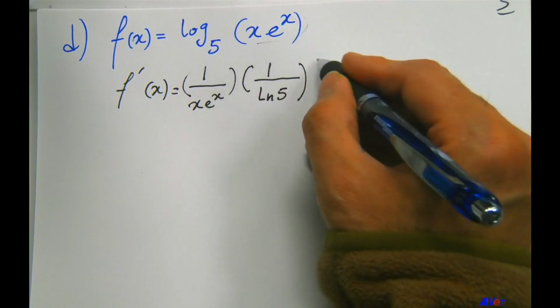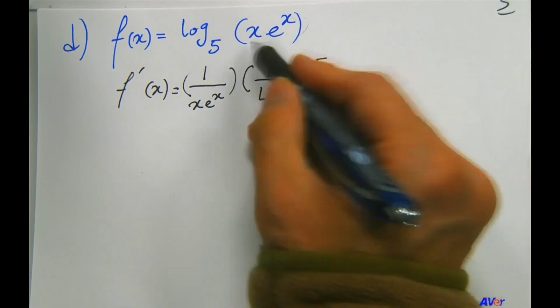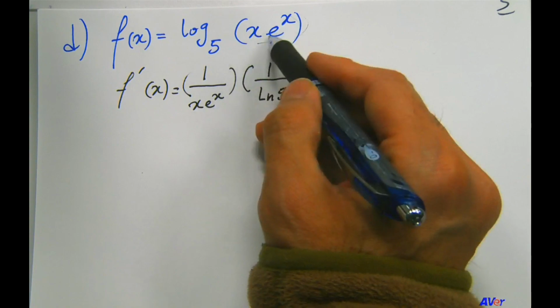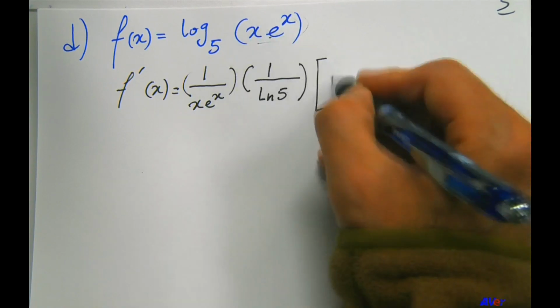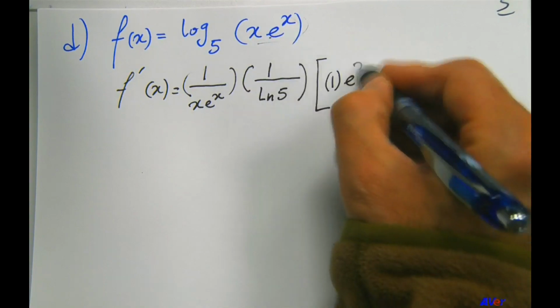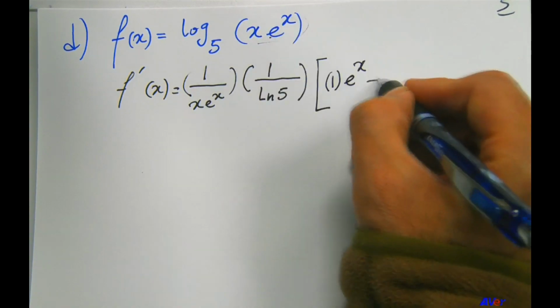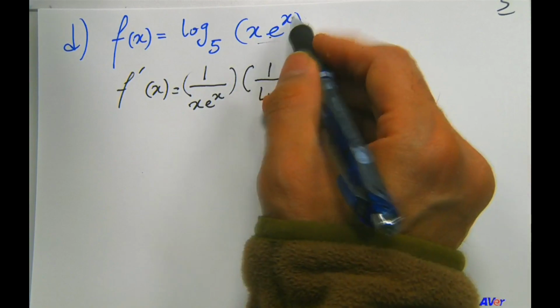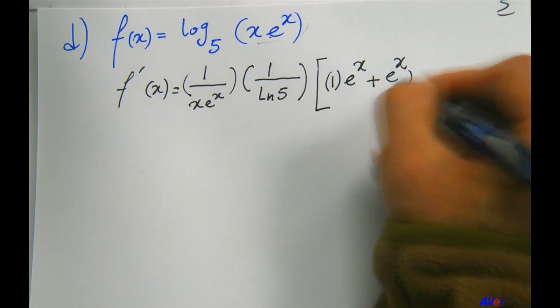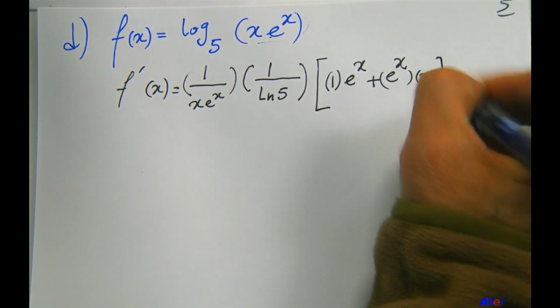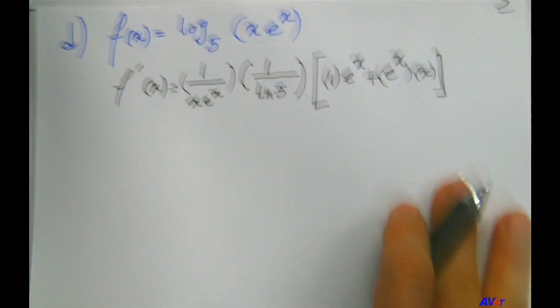So this is just the product rule for finding derivatives, remember? The derivative of x is 1 times the other term, e to the x, plus the derivative of e to the x, which is e to the x, times x.